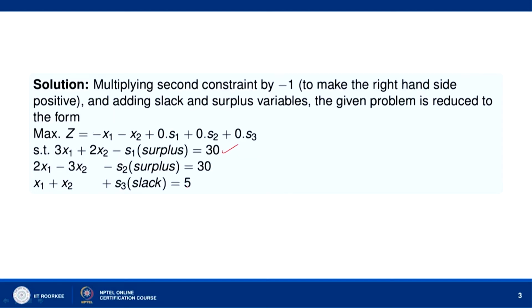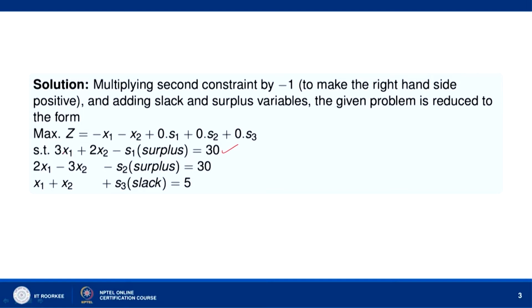So, we need 3 variables s 1, s 2, s 3; 2 variables s 1, s 2 are surplus variables and the third variable s 3 is a slack variable. Now, let us write the corresponding BFS here. We have 5 variables and the equations are 3, so we can take any 2 variables as zeros.